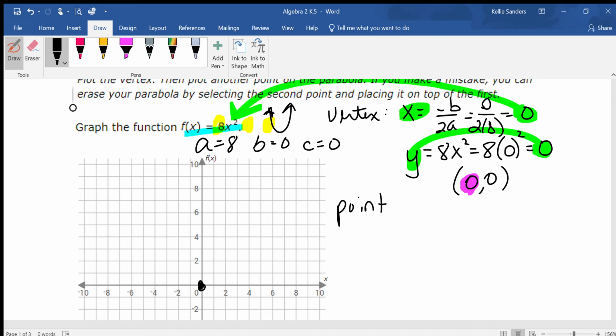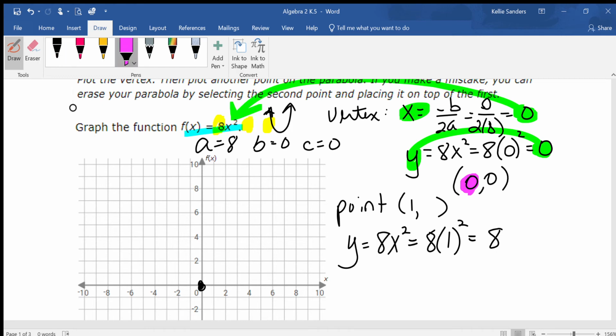And so because our x from our vertex is 0, I am going to put 1 in for x into the problem. y equals 8x squared. So y equals 8 times 1 squared. 1 times 1 is 1. 1 times 8 is 8. So when I put 1 into x, I got 8 for y.